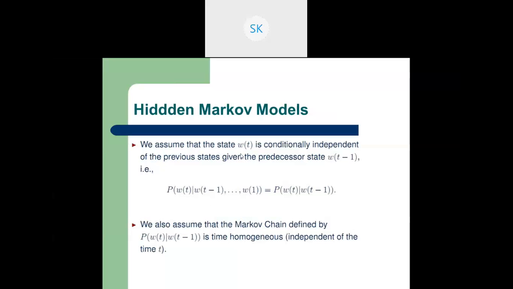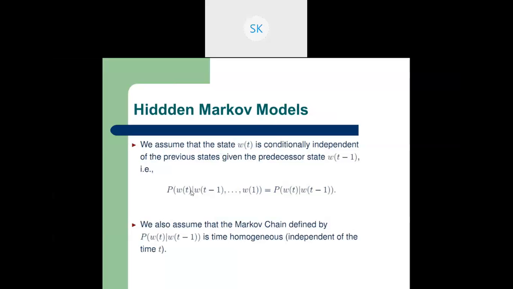So we assume that the state W of t is conditionally independent of the previous states, given the predecessor state W of t minus 1. As in the Markov property, it depends on the previous state, not on the past states.